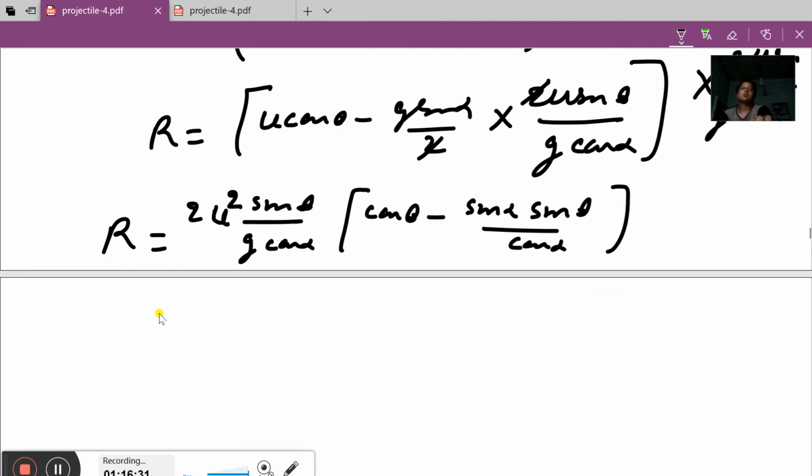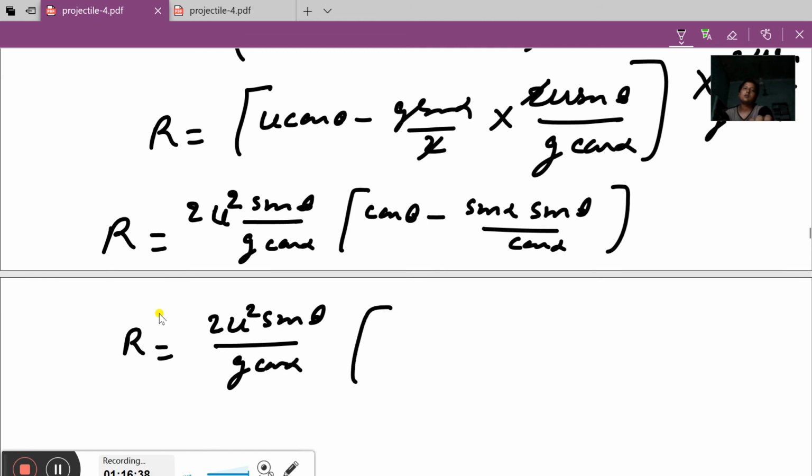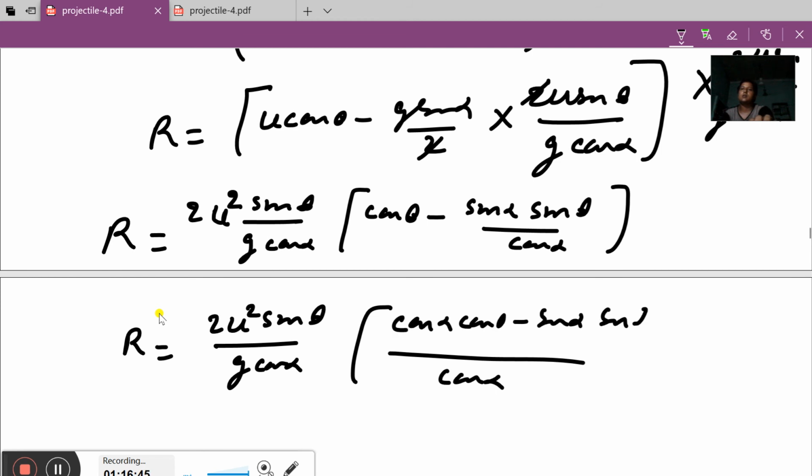So range comes out to be 2u square sin theta over g cos alpha. Cos alpha is common: cos alpha cos theta minus sin alpha sin theta.